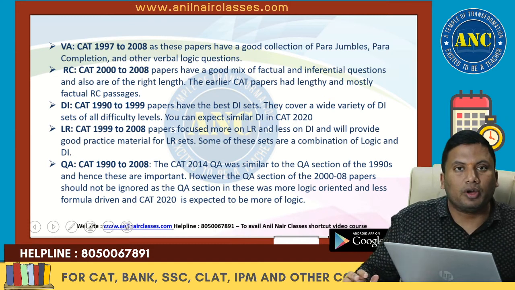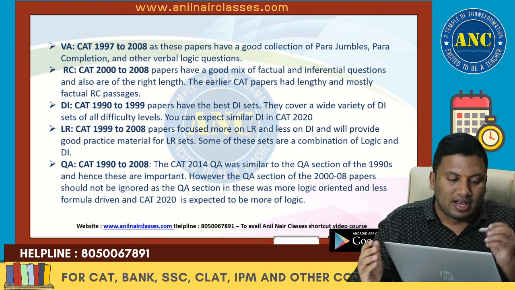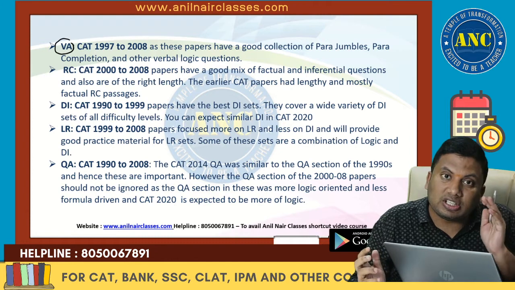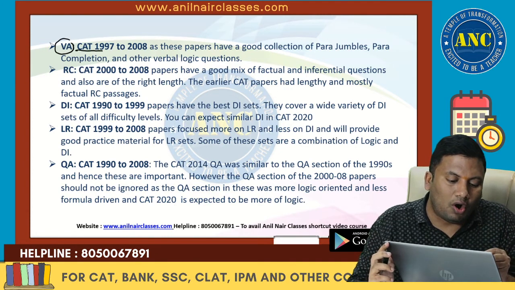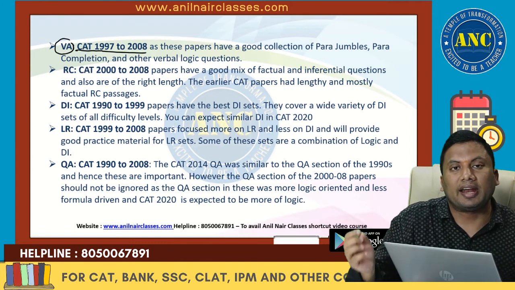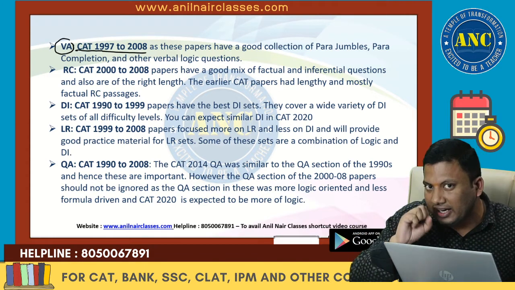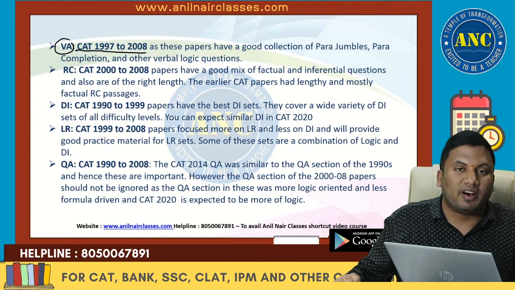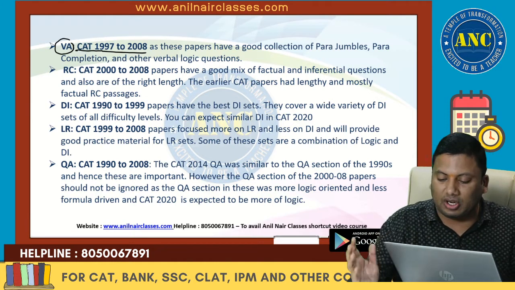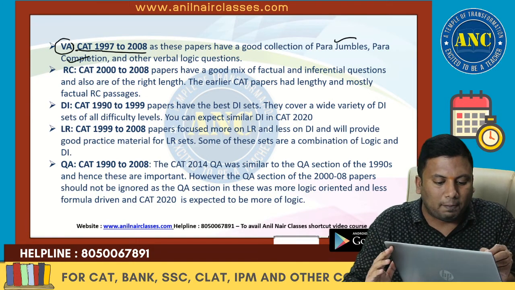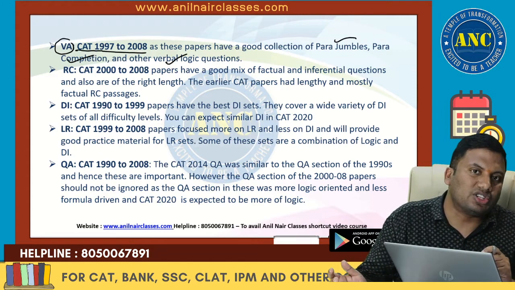For verbal ability, one must go through all the verbal ability questions from 1997 to 2008. Why? Because 1997 to 2008 is a good collection of para jumbles, para completion and other verbal logic questions.